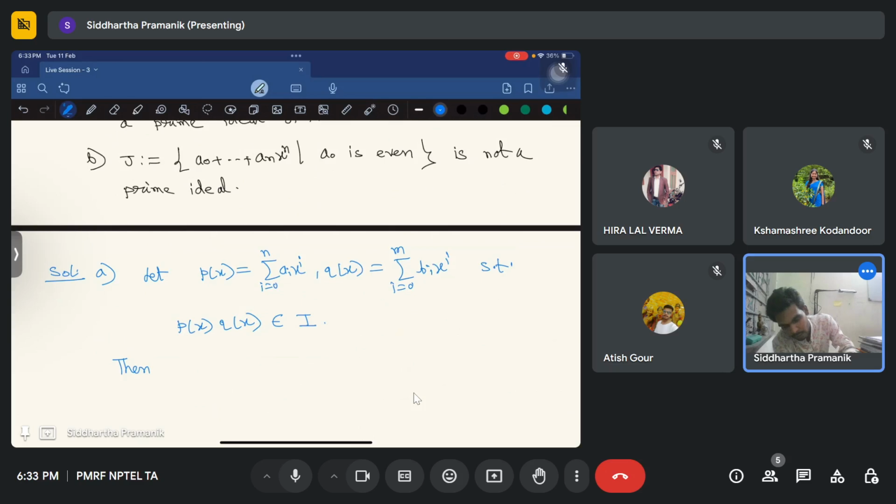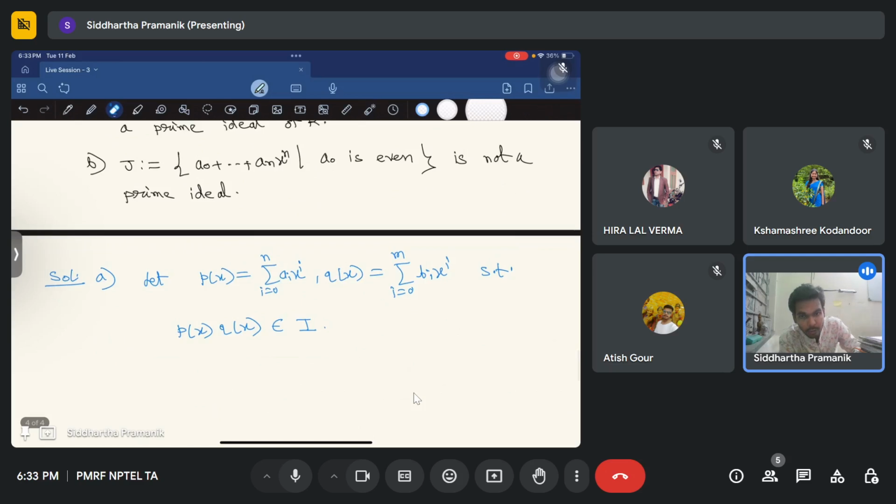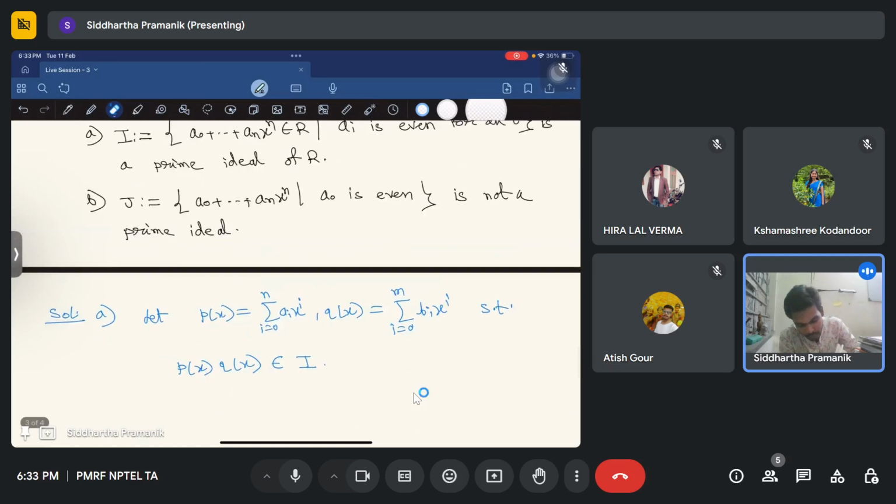All the coefficients in the product must be even numbers, right? From that, can you conclude that all the coefficients of Px and Qx are even numbers?